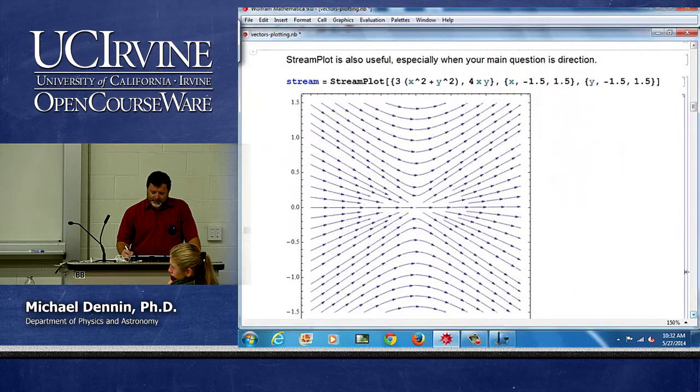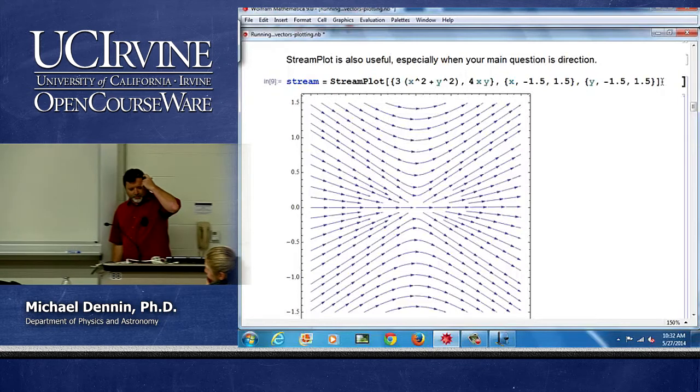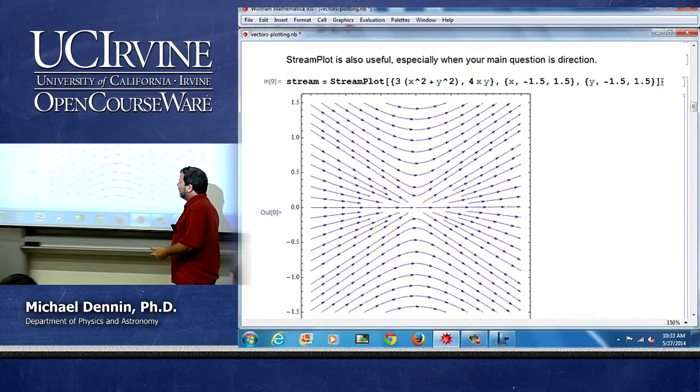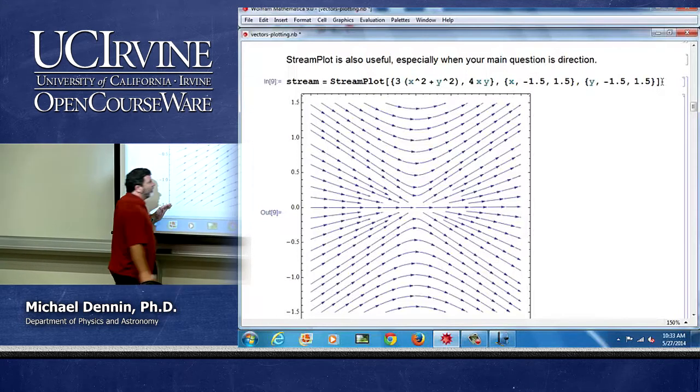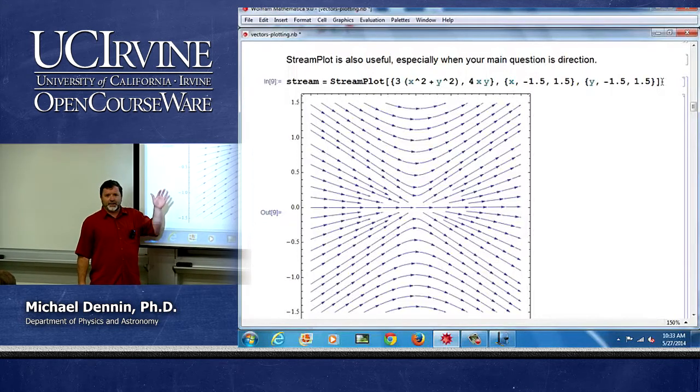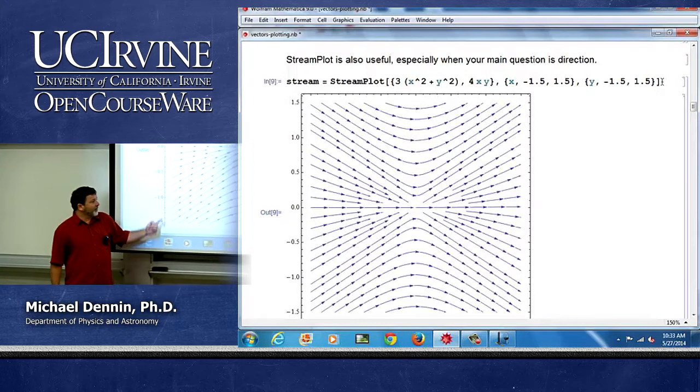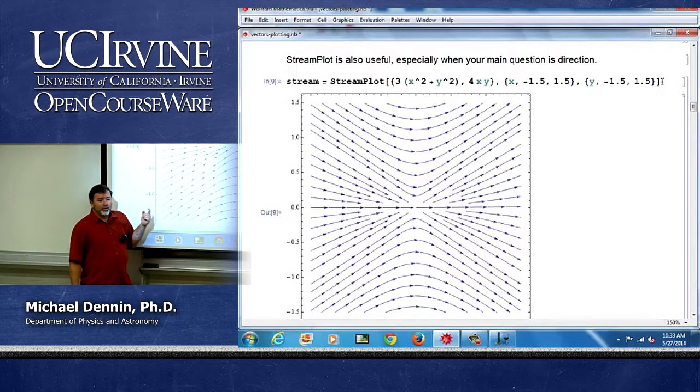Now, one thing I did not show yet is an alternative way of plotting this, with the stream plot. It just depends what you're going for. With stream plot, what I'm basically plotting here are the electric field lines, the streamlines. I'm connecting my vector field up. So when you do that, it's a lot harder to get an idea for the magnitude.